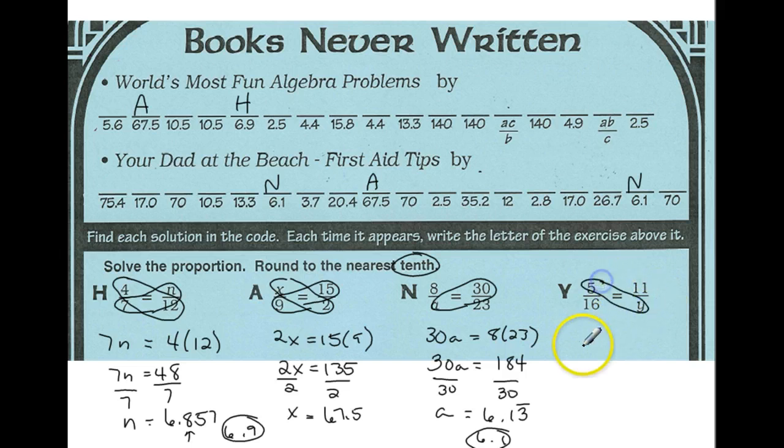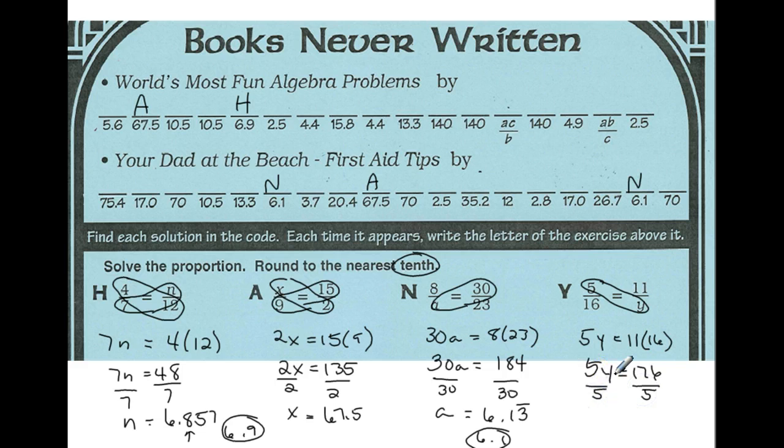Finally, the last one I'm going to do with you is letter Y. 5y is my one cross product, 11 times 16 is the other. I'm going to get 5y is equal to 176.